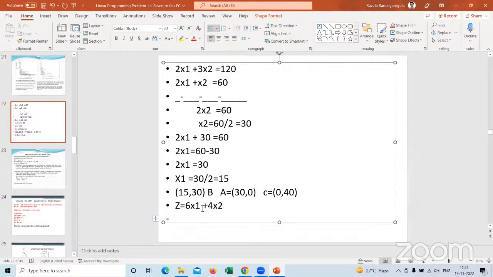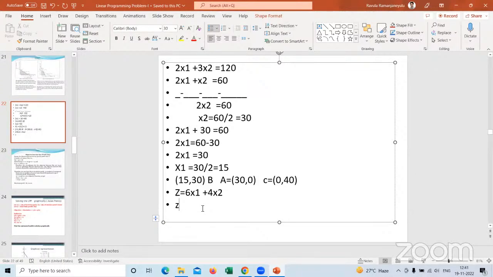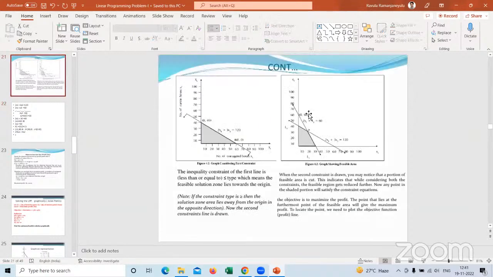I have a doubt. Why only at these 3 points? Some other point may give a maximum value. Why not? Because we have drawn the graph and we got an area which is satisfying the 2 conditions. One condition is the first equation; if you draw only that, you get only one area.